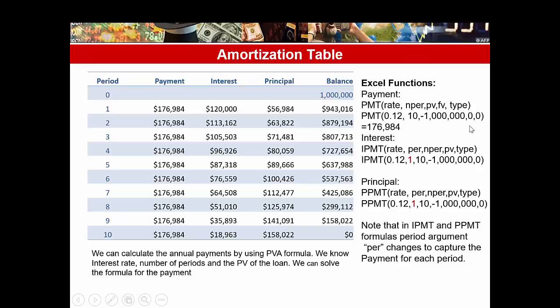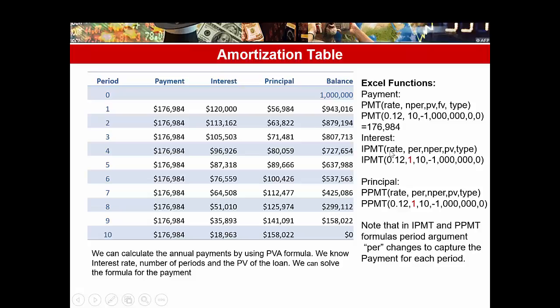So if we for some reason want to leave some balance, we can change that to that number, and then we can recalculate the payment. But in a typical amortized loan, this future balance is always 0. And the type of the annuity is ordinary annuity. Therefore, we have a 0 in here, or we could leave it blank.